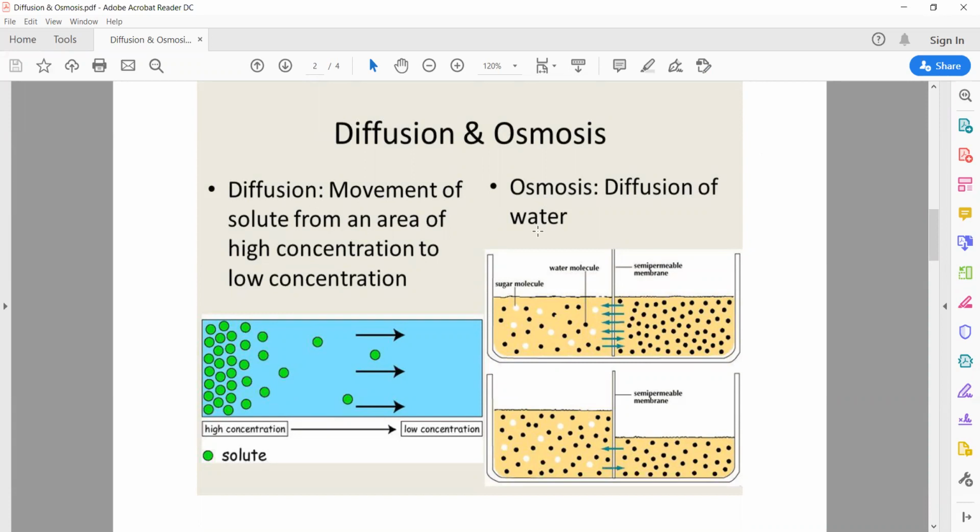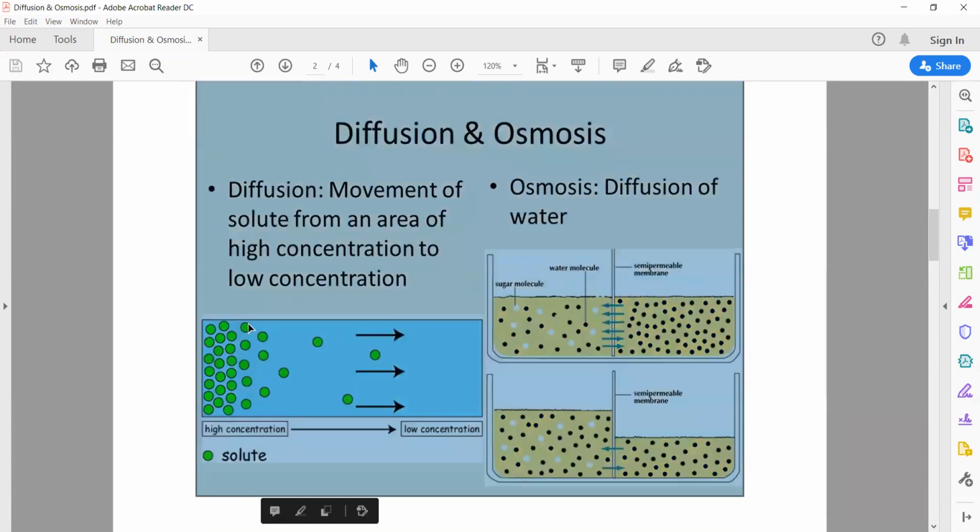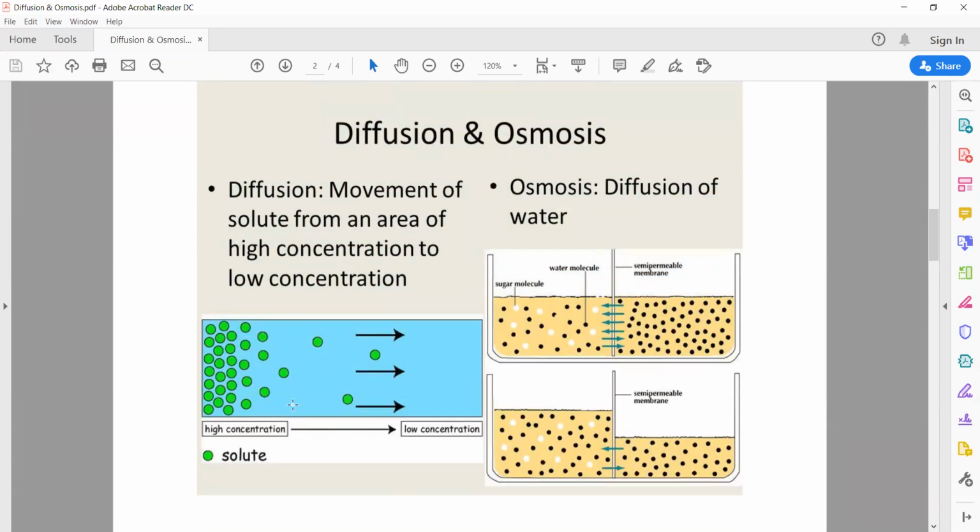So you can think about these solutes as being little salt crystals. Each one of these little circles here represents a solute, or for our example here, salt crystals. So when you have a high amount of salt here, it's going to want to move to areas of lesser salt over here to try to equal out the solution throughout.